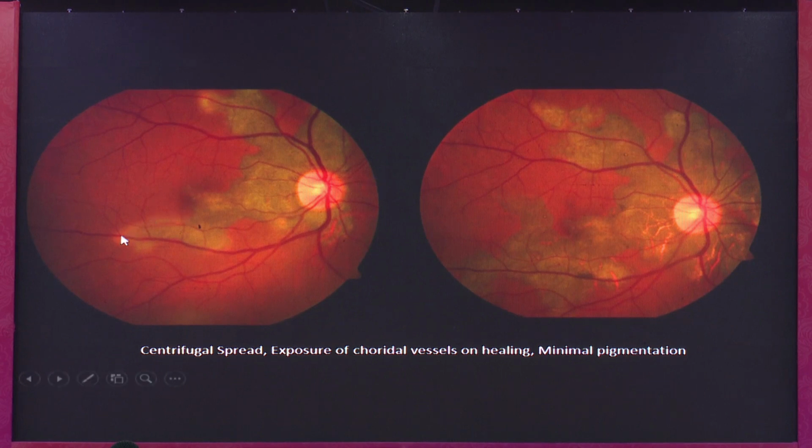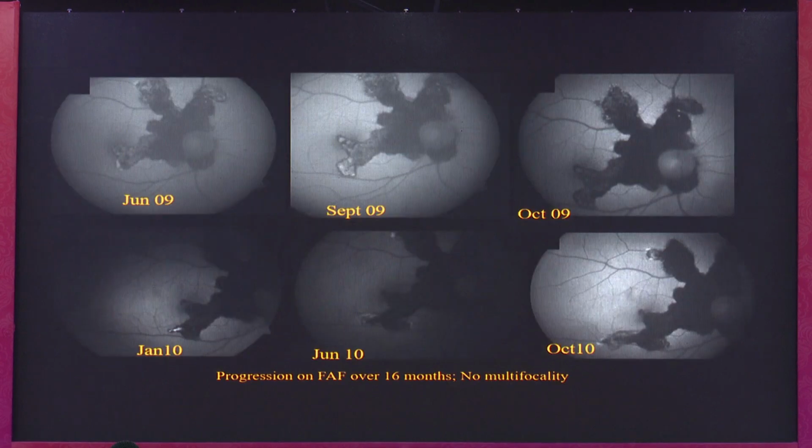If you see, this is the edge which is progressing. This is the lesion which is healing. This is classical serpiginous choroiditis, which is likely to be autoimmune in nature. So you can always decide on your management. This is just to show you autofluorescence, that it is progressing along the edge.